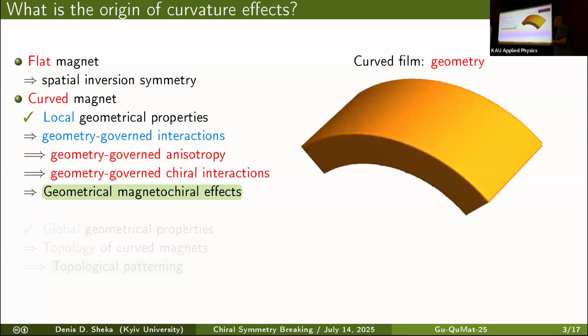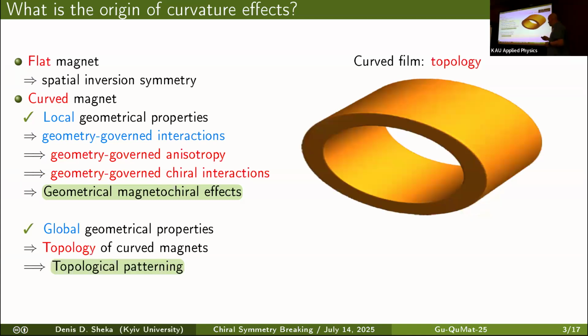They result in geometrical magnetochiral effects, which we will discuss today. The situation becomes more intriguing if we change the global geometrical properties, namely topology. There appear new textures, and this is considered to lead to phenomena like topological patterning.